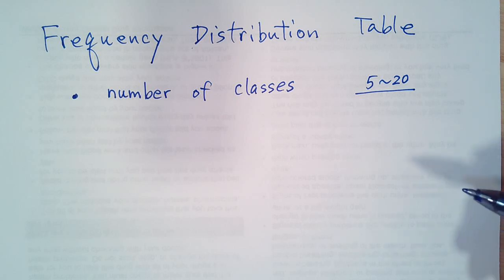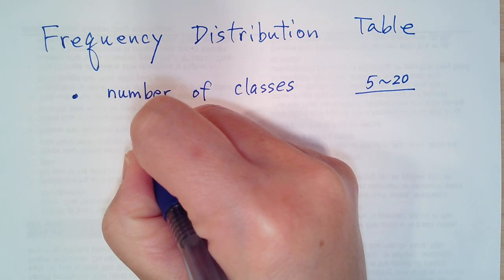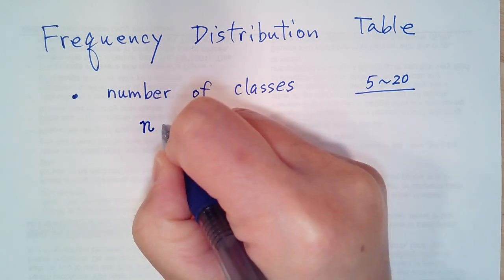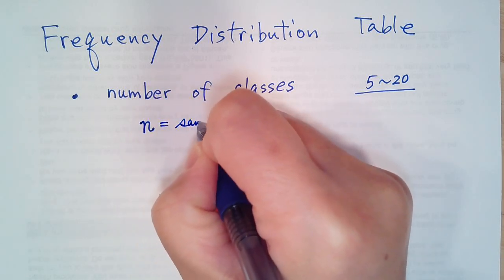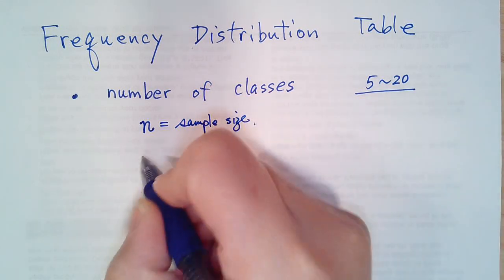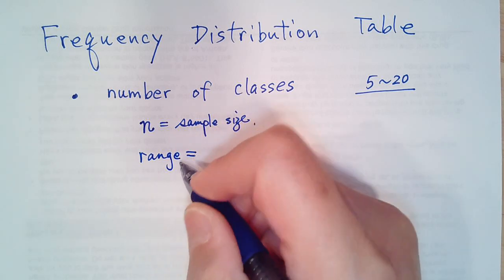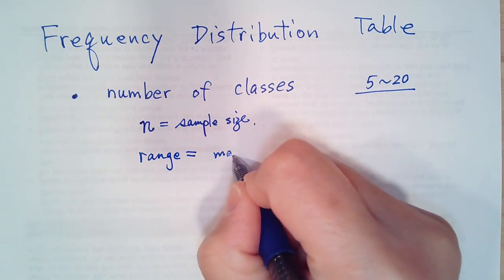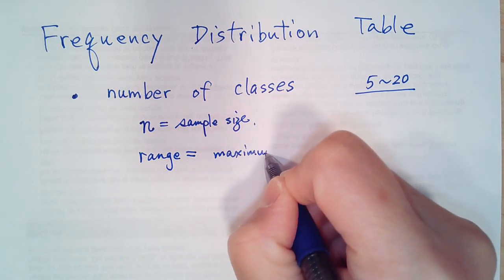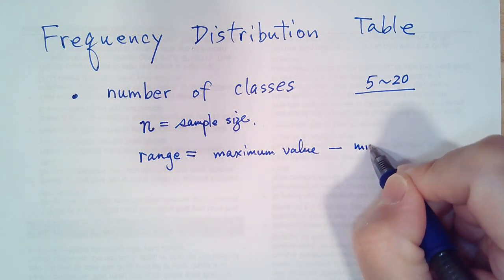How do you determine the number of classes? You get the n, which is the sample size, and then you calculate a range. Range is the maximum value subtract the minimum value.